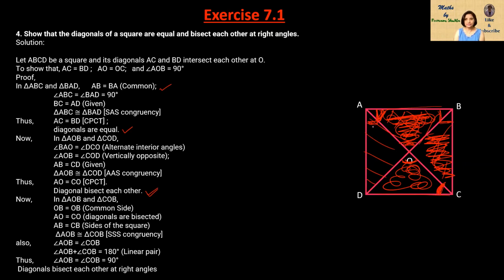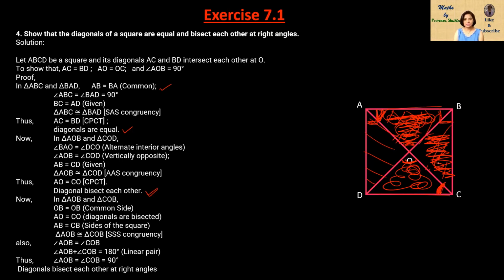Now AO equals OC, which we have proved just now, that diagonals bisect each other, so these two are equal. And AB equals CB, because this is a square and sides of a square are equal.